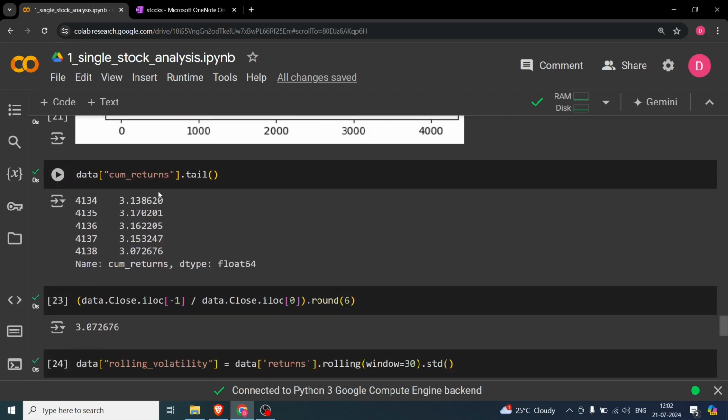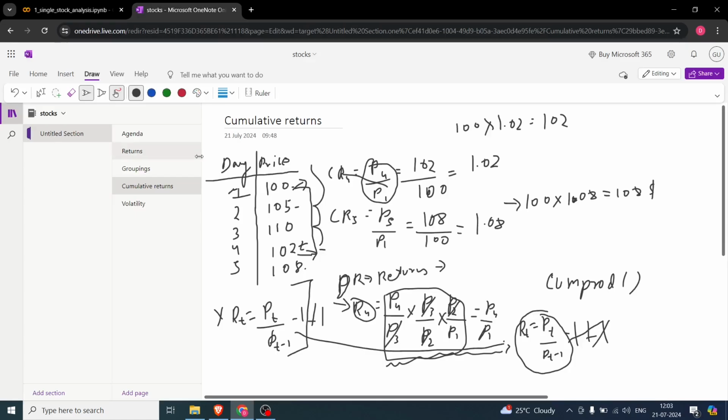So again, just to verify that, let's find the cumulative returns on the last day. Let's say this data was for 20 years, and you bought a stock on the 1st of January 2000, at whatever the price was.